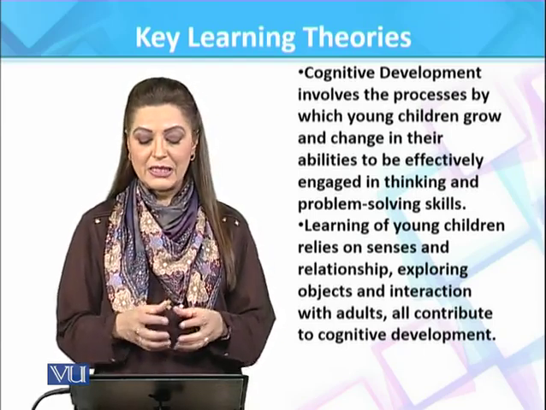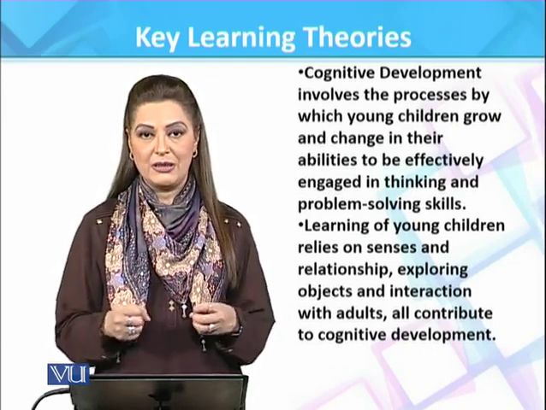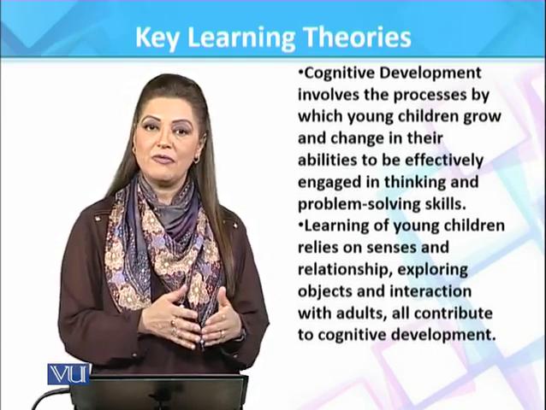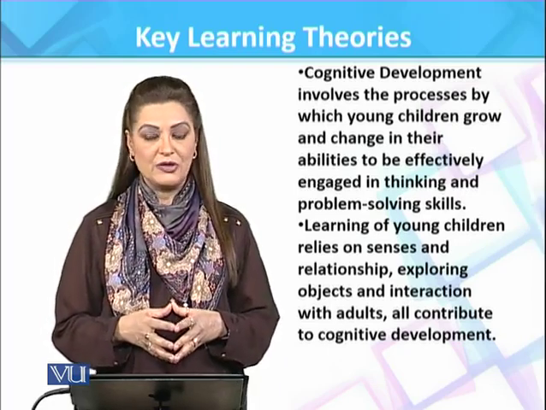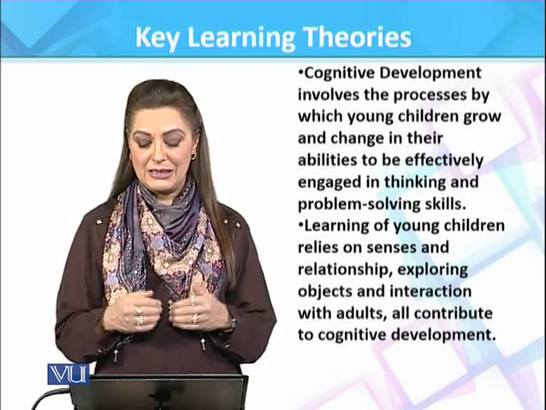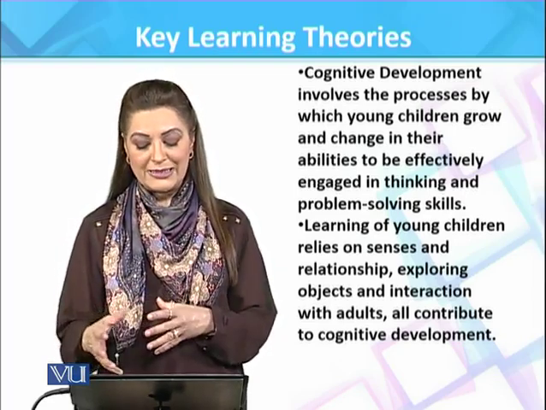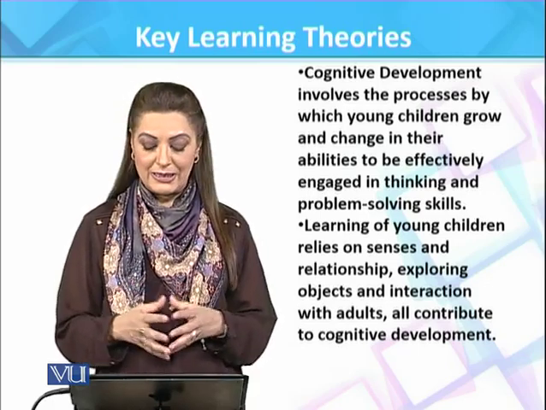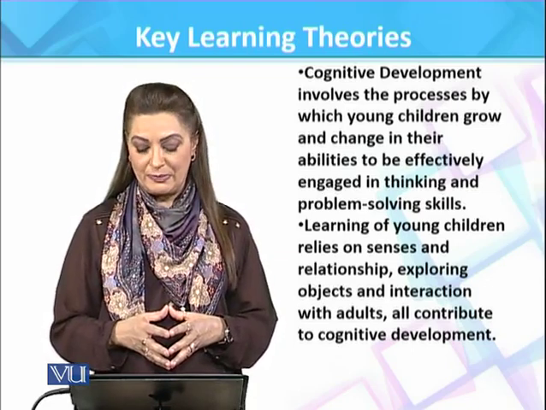So the emphasis is on developing their abilities by engaging in thinking and solving problems. Learning of young children relies on senses and relationship, exploring objects and interactions with adults. All these contribute to cognitive development.